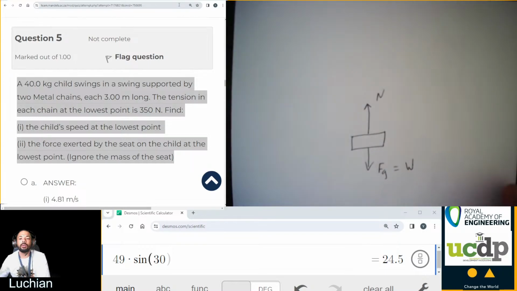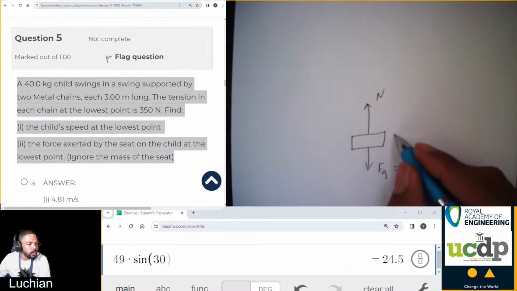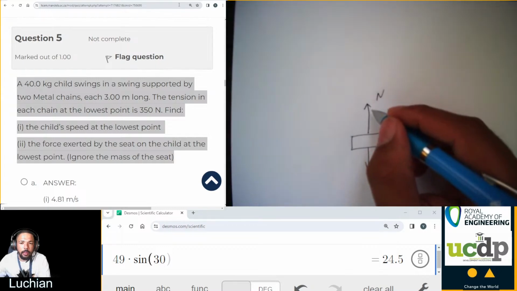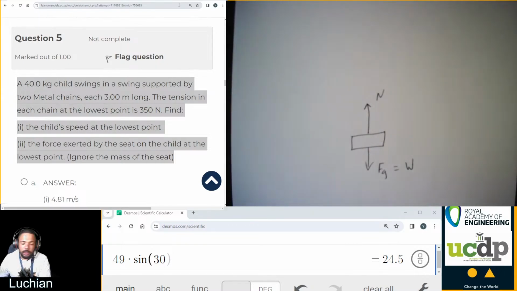Does it make sense now? This is the way I redrew the force diagram. Does it make sense now?